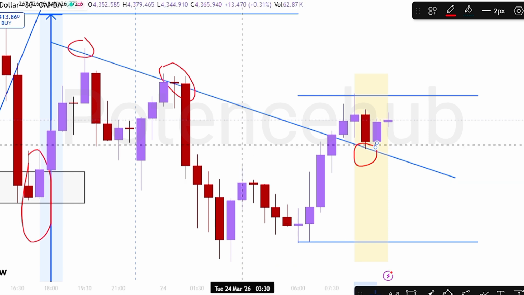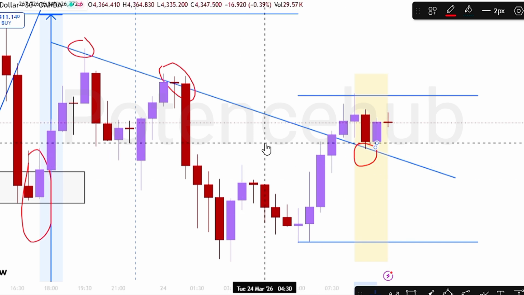That's why you have these lines here, and then I made use of the trend line, as you can see right here. These are the touches on the trend line, as you can see right here quickly. And then if you move down to this third point, where you have the third touch, you find out that there was a break of trend line right there.